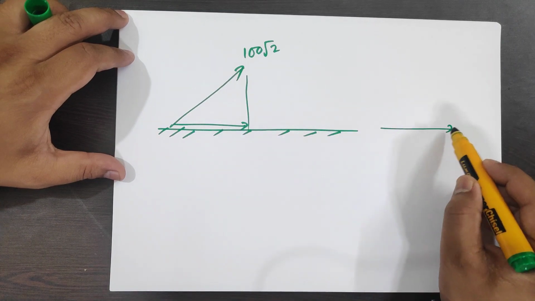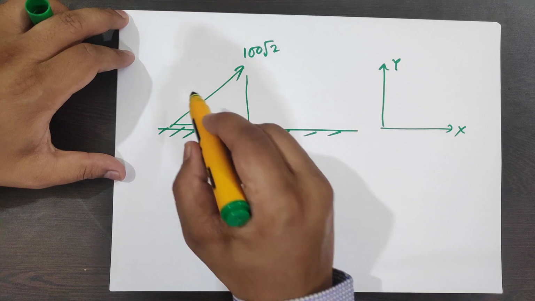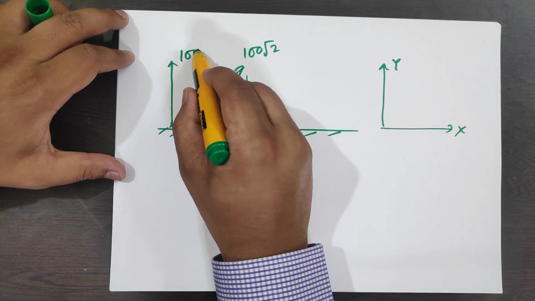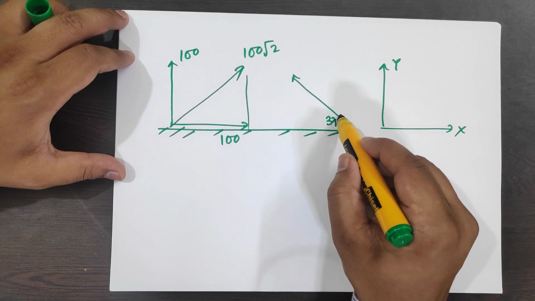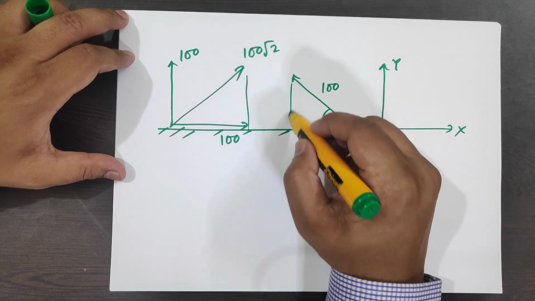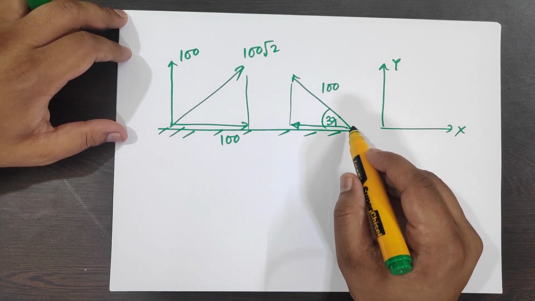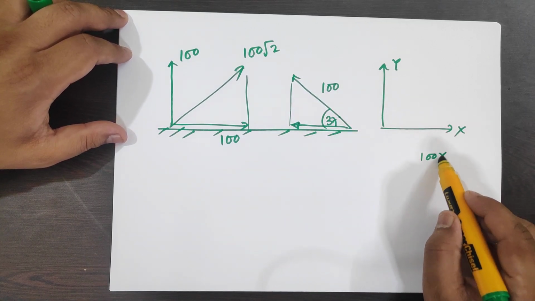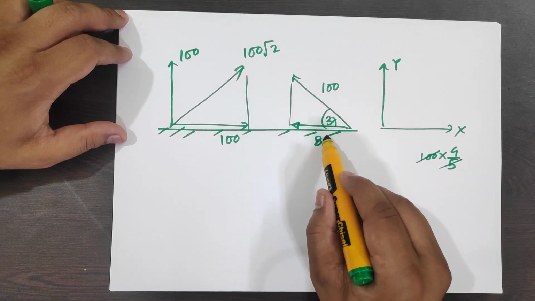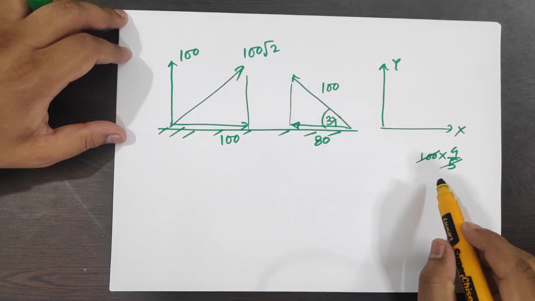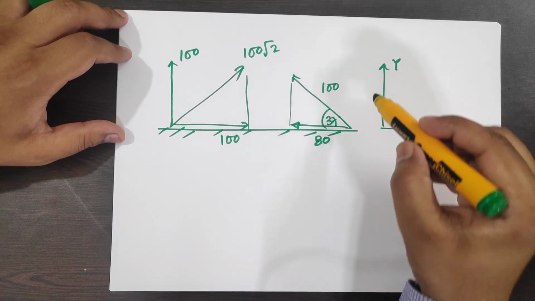Say if you have x-axis here and y-axis here, this component is 100, this component is also 100, while this was 37 degrees, so this was 100, so this component is how much? 100 into 4 by 5, 80, while that component is 100 into 3 by 5, that's 60.